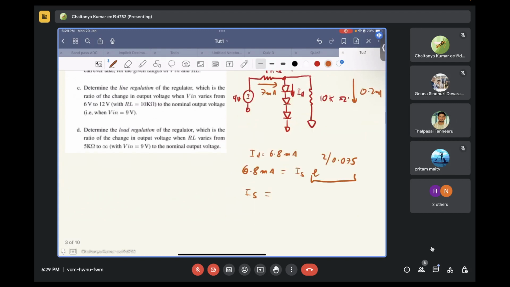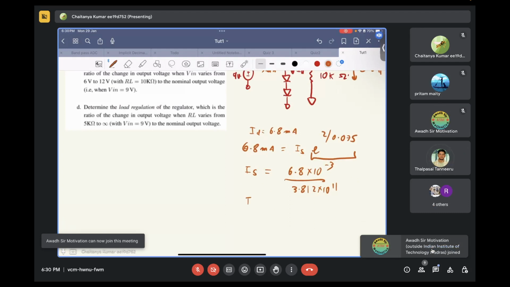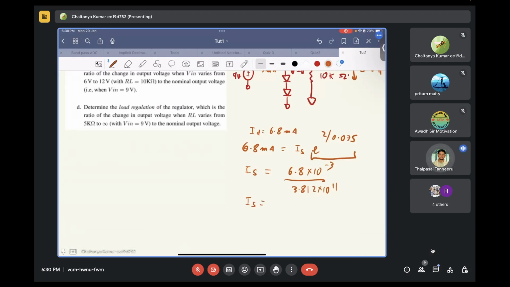Yeah, it is how much? 3.812 into 10 to the power 11. Correct. Yes, sir. So now what will be the value of the saturation current that you will be getting? 17 picoamperes.